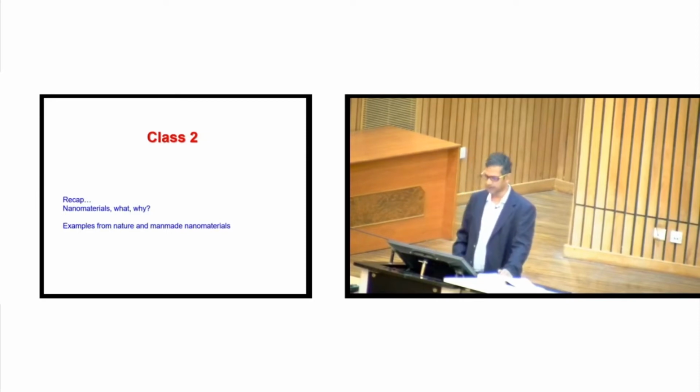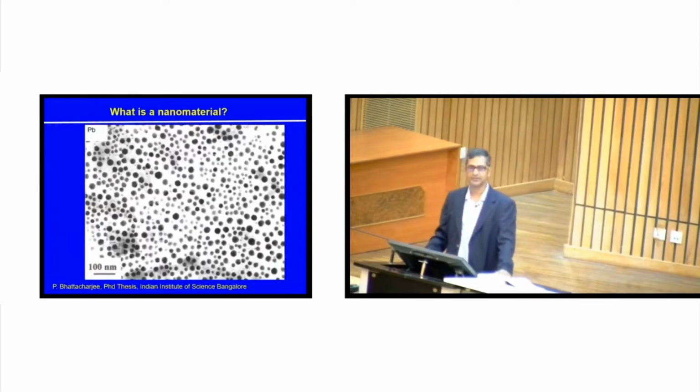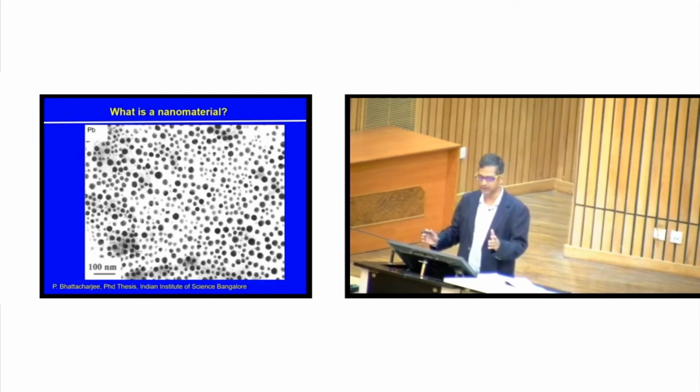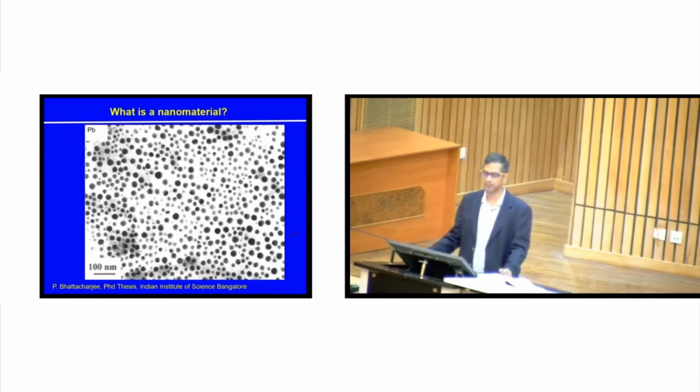So first of all, about the recap, what is a nanomaterial? And in the last lecture, I showed you this particular image. This is basically an image obtained for lead nanoparticles using a transmission electron microscope. What is the transmission electron microscope and how does it operate?